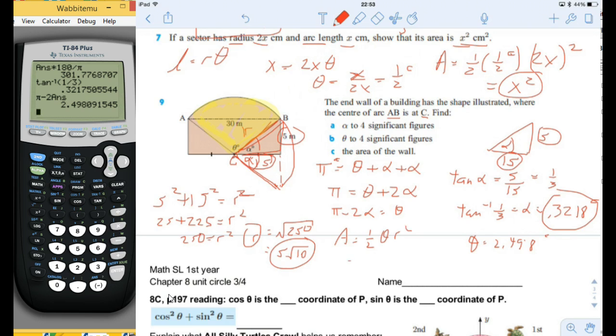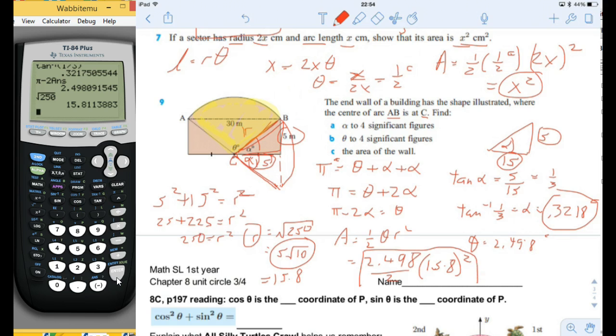And we know that theta is 2.498, times 1/2, and then times r squared. R is 5 times square root of 10, or square root of 250, which is 15.8. So we can put 15.8 here and square it.